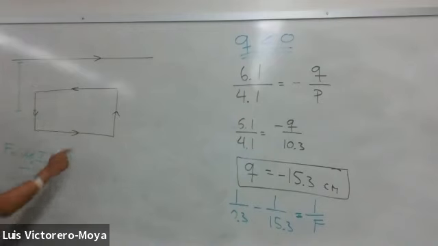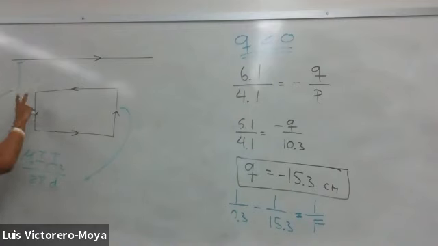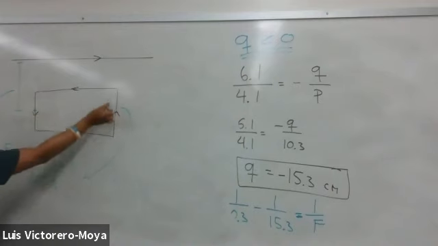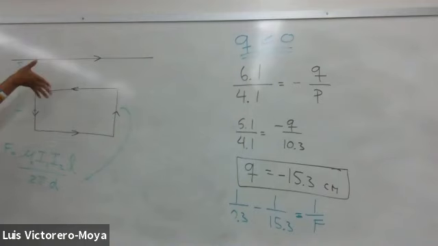The same distance d for both. And the length will be the same length. All right? The current is going down or going up, it doesn't matter. Because if you have the field on this is going into the page.